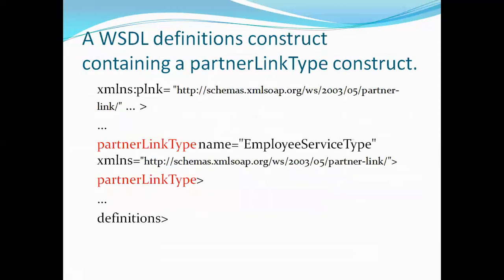So see here, the definition construct containing the partner link type construct: partner link type name starts. Here the partner link type is the employee service type, and here the namespace URL is mentioned. This is the URL representing the employee service type.